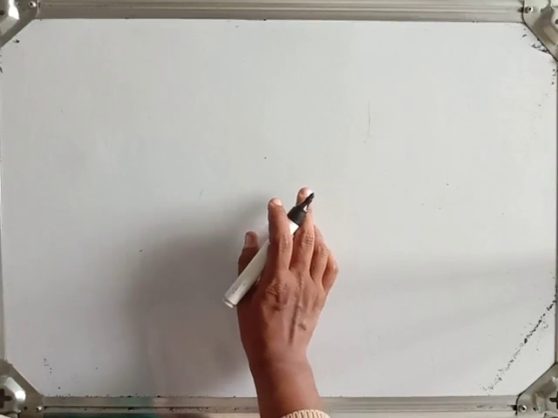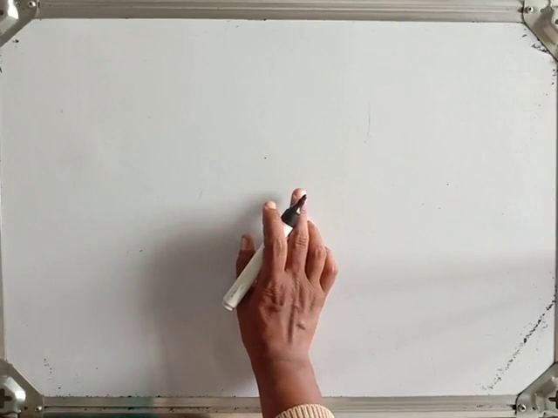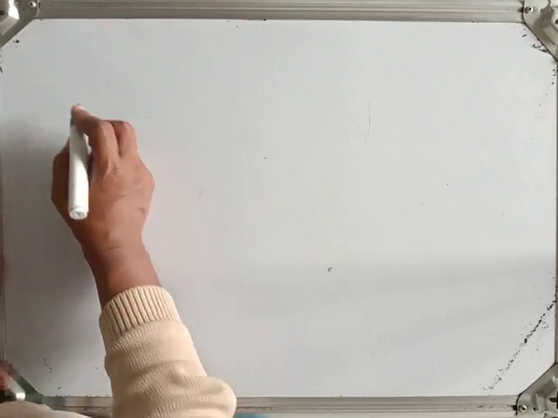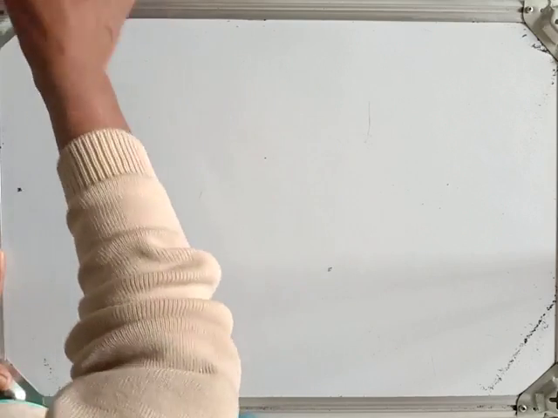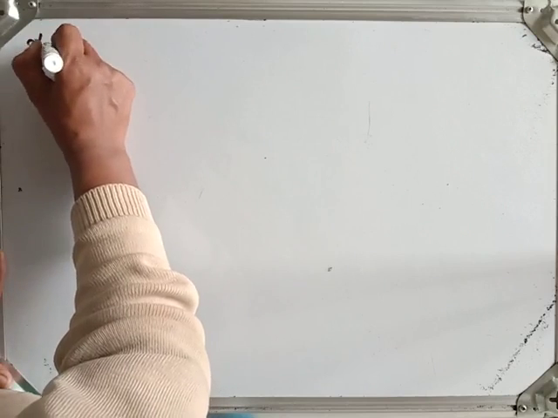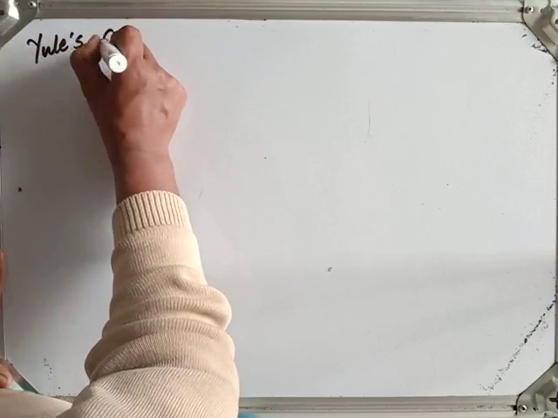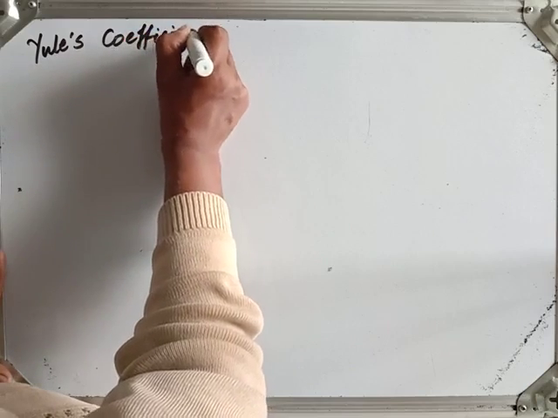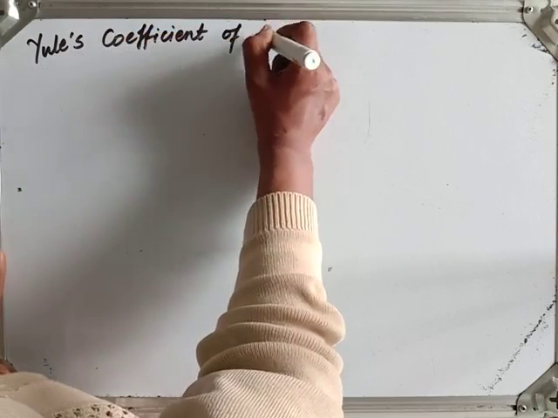Hello students, now in this video let's see the last topic of the statistics paper 1 from chapter 5, theory of attributes, that is Yule's coefficient of association.